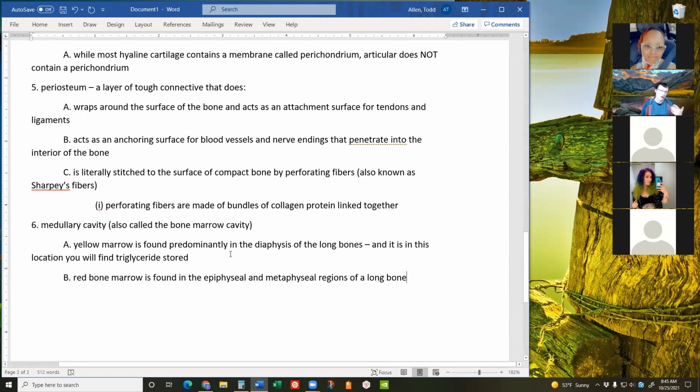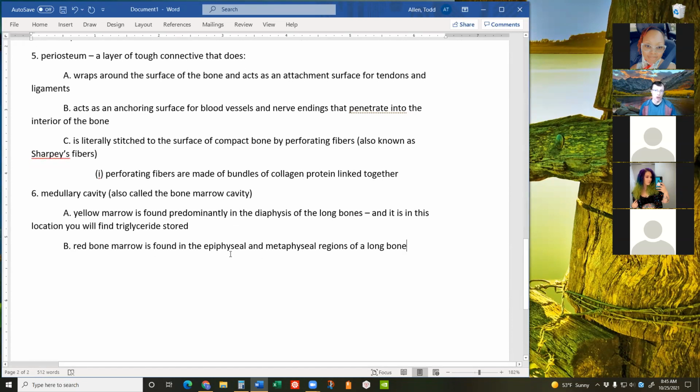So remember, right now our conversation is about long bones, like the femur, like the radius, ulna, humerus, those types of things, okay? If we were to talk about short stubby bones, like the bones of your vertebral column, short stubby bones tend not to have very much, if any, yellow bone marrow. They tend to have red marrow, okay?